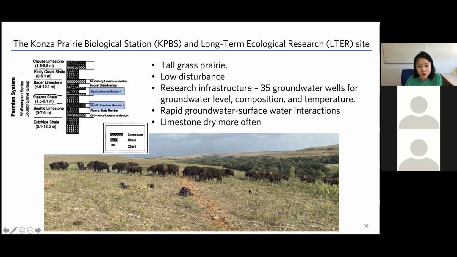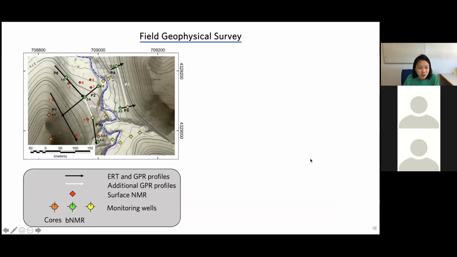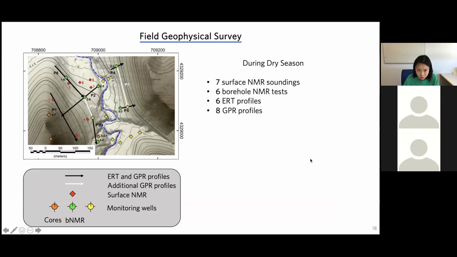So this is a picture when we went out to the field, and this is where we did our ERT survey, and we had some lovely guests, some bison, stop by and check it out. So besides ERT, what else did we do? We did a surface NMR sounding and a borehole NMR test, as well as GPR during the dry season.